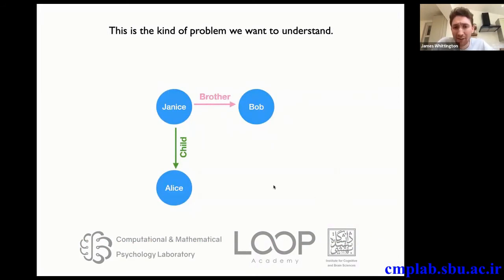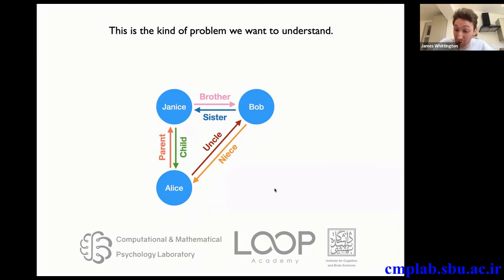If I come along and tell you that Alice is the child of Janice and Bob is the brother of Janice, even though I've only told you those 2 bits of information, you're able to fill in an awful lot more. For example, you know that Bob is now the uncle of Alice. Even though I only told you 2 things, you now know 6 things about this situation.